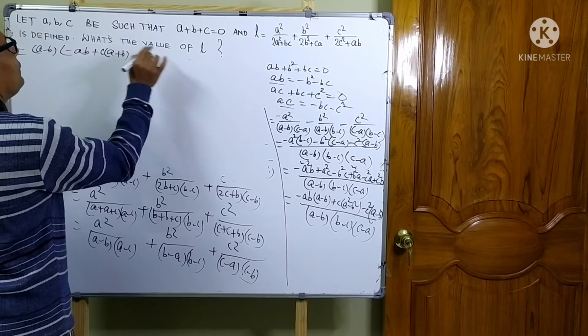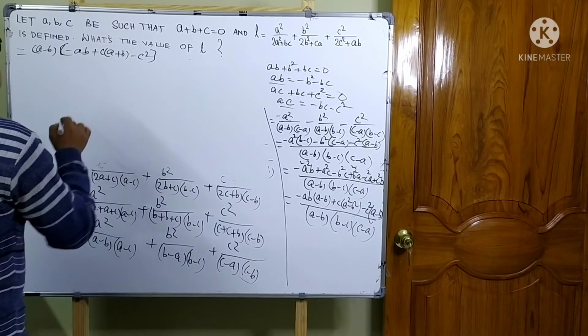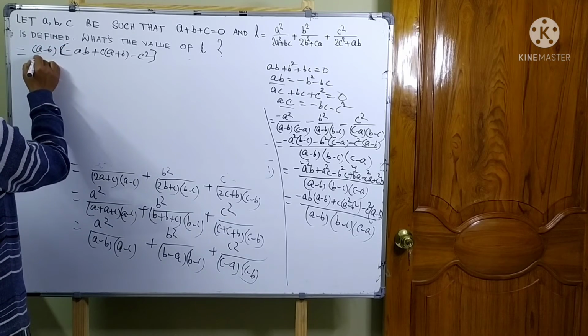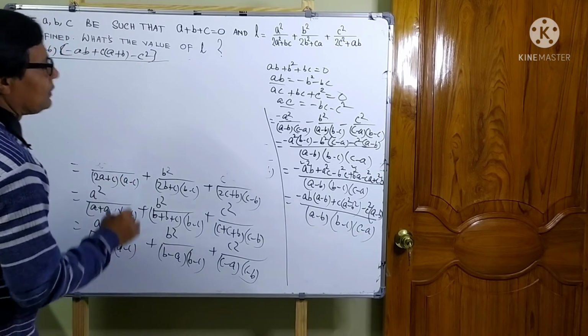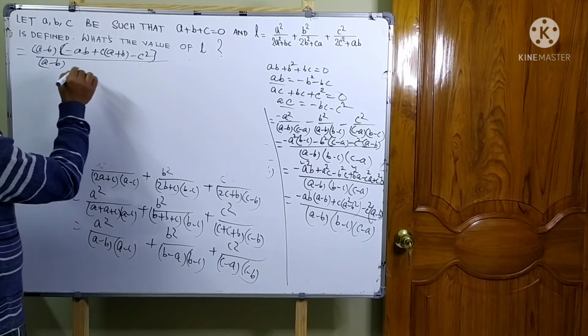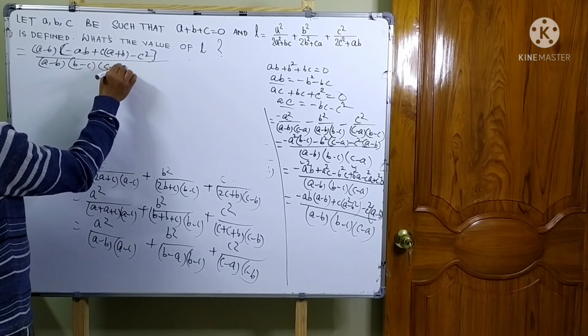The denominator is a minus b, b minus c, c minus a.